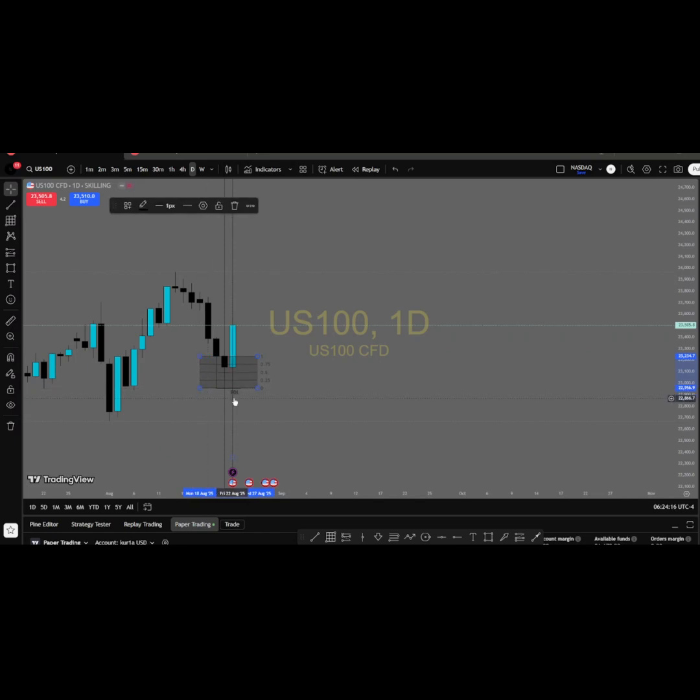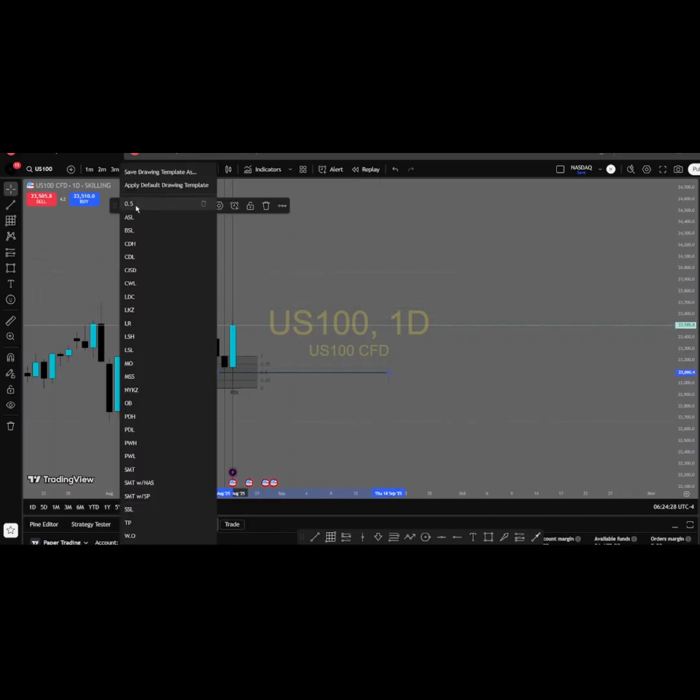I should turn my magnet on, but yes, so I believe that it was a manipulation, so I do not really want to see price go any lower than the 0.5 level, the mean threshold.